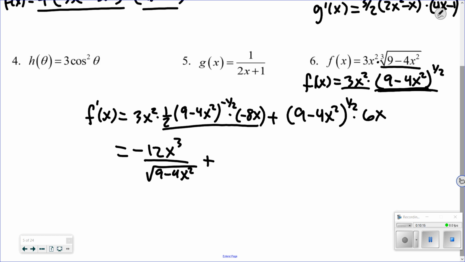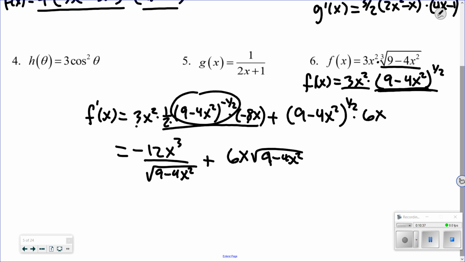Okay, I'm going to rewrite that one as being just 6x square root of 9 minus 4x squared. So I multiplied my negative 8 and a half as negative 4 times 3. Just multiplied all those together, got negative 12. I have x squared times x. And then I just took this part, moved it to the bottom, and made it just square root.